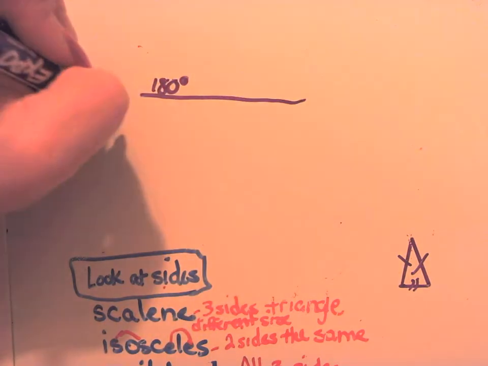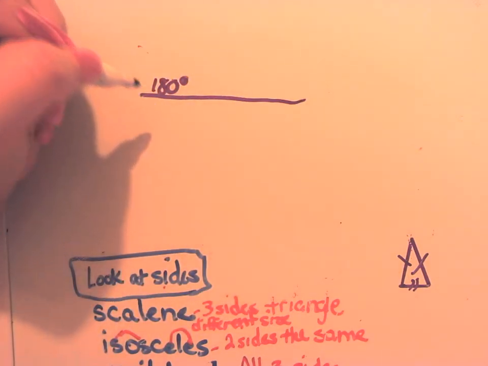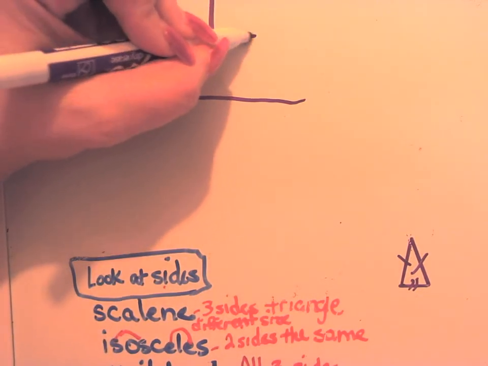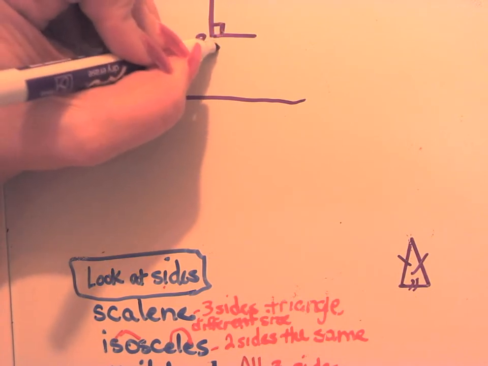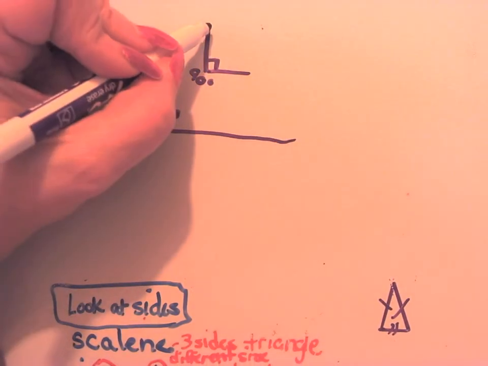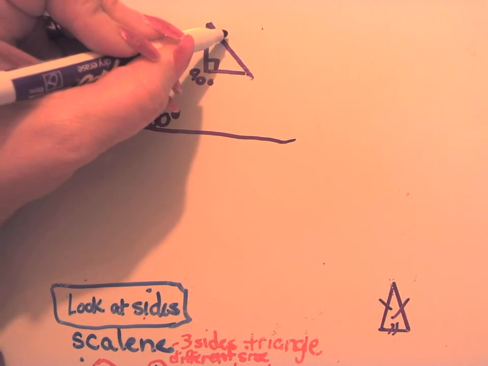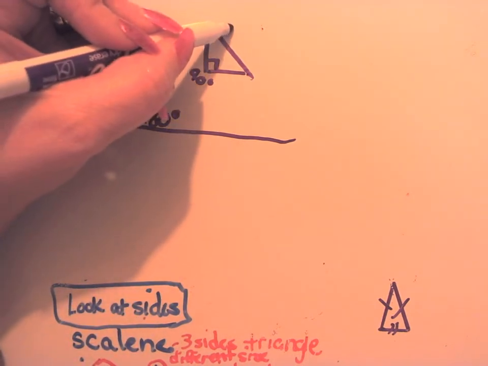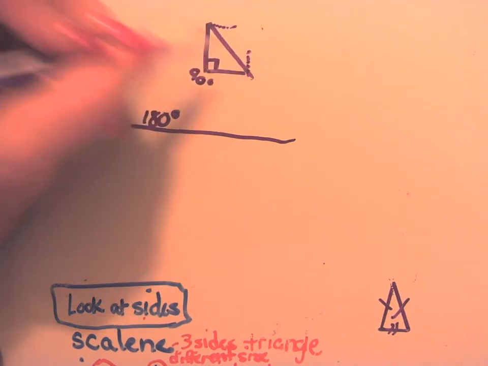So our triangle angles have to equal 180 degrees. So if I start with a right angle, and that's 90 degrees, could I have another 90 degrees? This up here, if I connect them, does that look like it has an L shape to it? Nope, because it would have to come out that way. This one would have to go up that way instead, and that doesn't work.